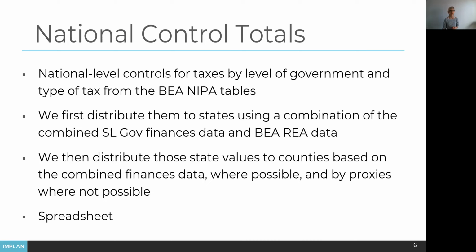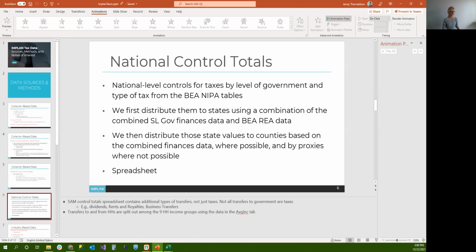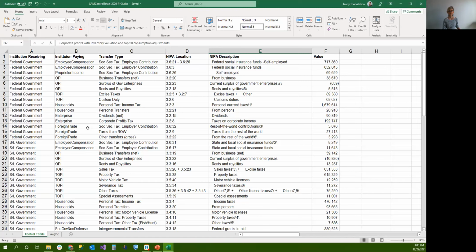So I'm going to hop out of here again and show you the spreadsheet just to give you a taste of our control totals. We have a spreadsheet here that has the control totals. Here we have the institution receiving, the institution paying, what type of transfer it is, what NIPA tables we got it from, the description of the line within that NIPA table that we're grabbing from, and then of course the value.